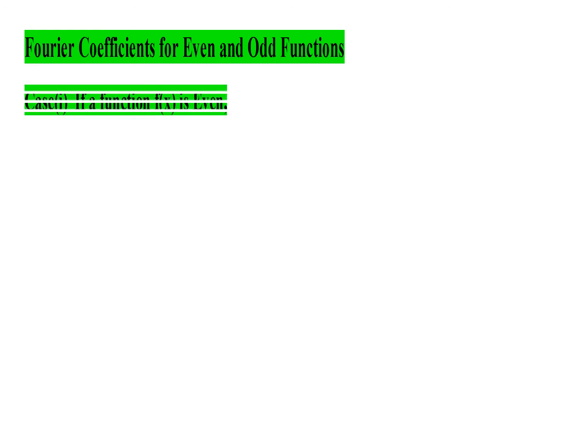Now, why do we have to analyze these even and odd functions? Because for an even function, if we observe, the value of bn will be 0. Because the formula for bn was 1 by L, integral from minus L to L, f of x into sin n pi x by L dx. Sin being an odd function, and when f of x is even, totally we will have an odd function inside that integral sign, so that integral will be 0.